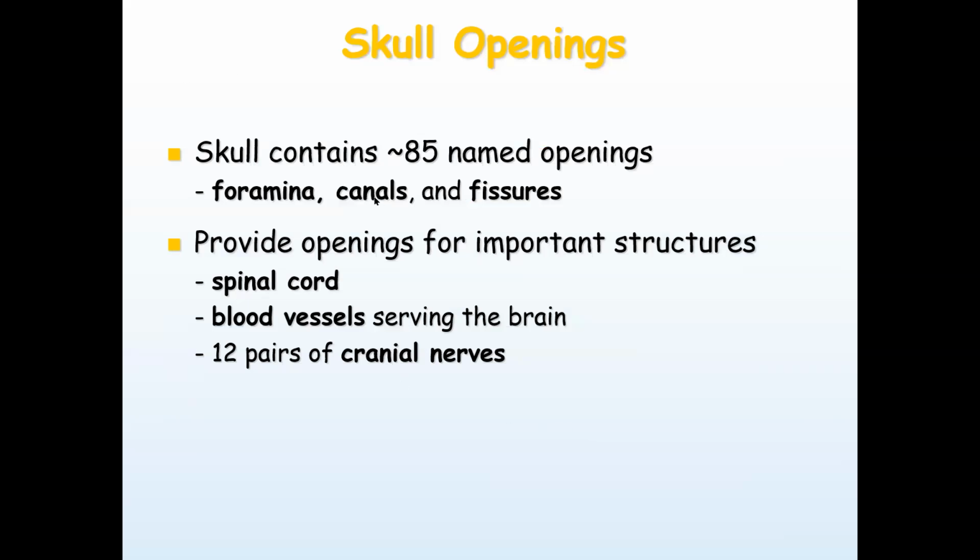However, of course, openings are going to be there to provide access, right? So it mentions here to provide openings for important structures. For example, like the spinal cord. The spinal cord leaves the brain at a giant opening called a foramen magnum. And the foramen magnum is the biggest hole in a bone in the body, right?